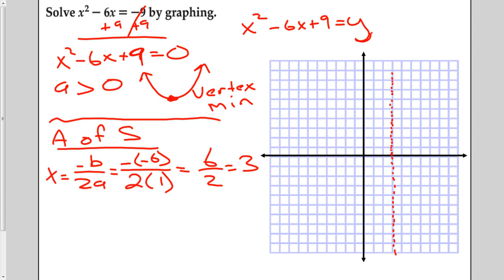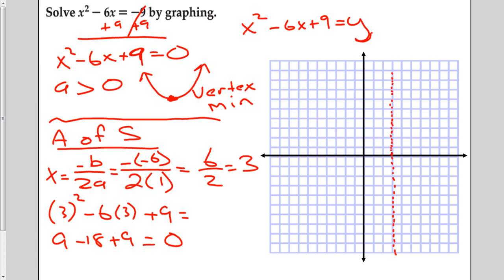When I plug in this x value, I get 3 squared minus 6 times 3 plus 9. 3 squared is 9. And so I have 9 minus 18 plus 9. And lo and behold, I actually get 0. So my actual point is 3, 0.